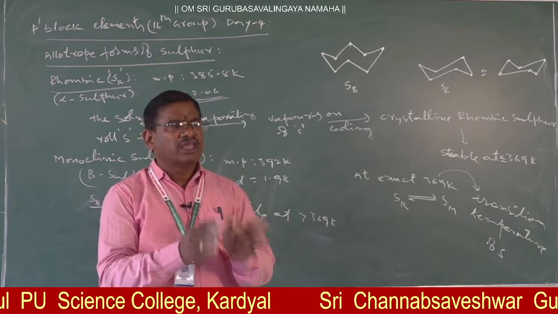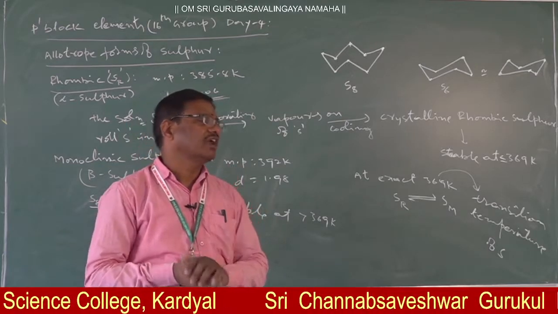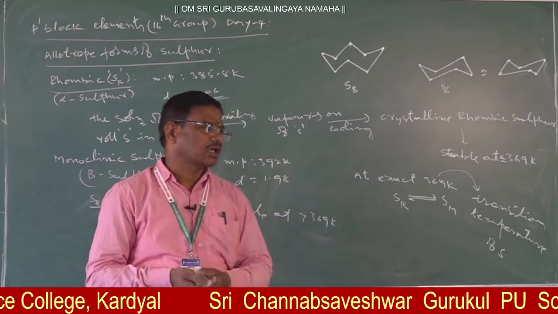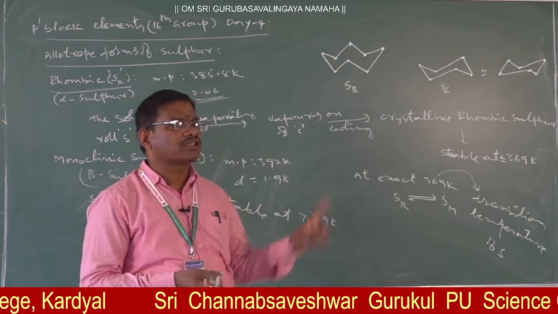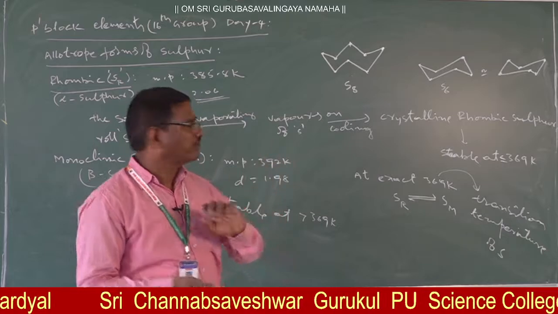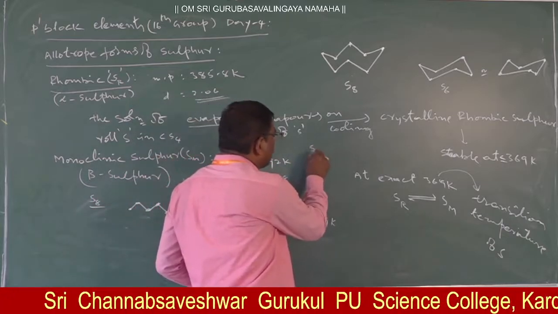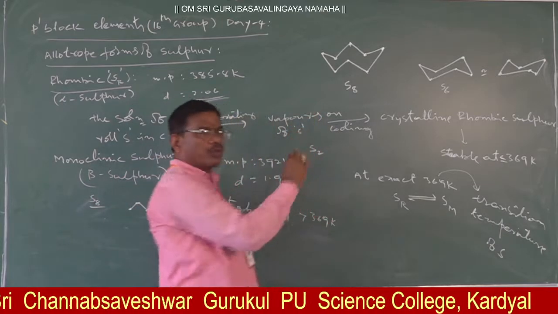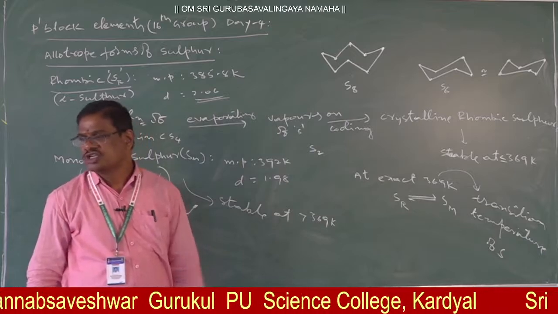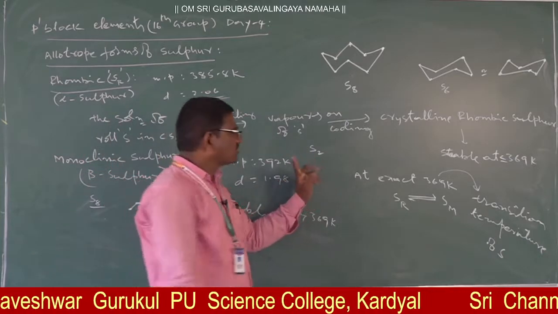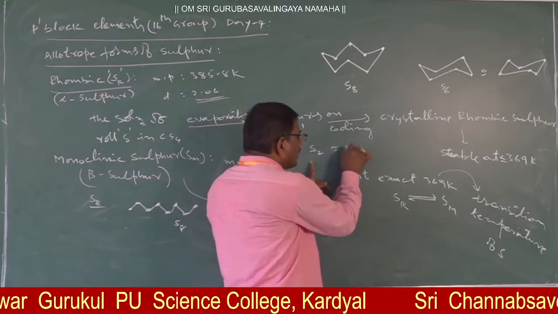If we heat them to a higher temperature, at about 1000 Kelvin, we are going to get an important allotrope, the S2 form. This S2 form is like the O2 form.